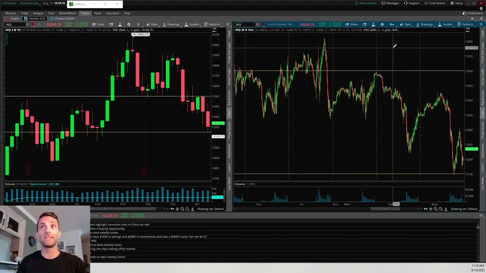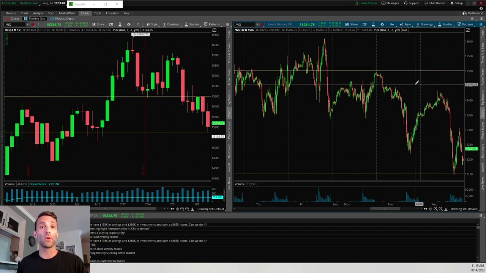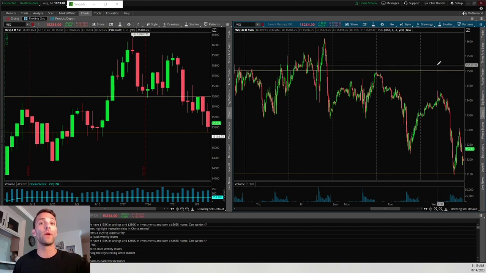And being that this is in a range, we're going to try to play it a couple different ways. If we believe that the report is going to be positive or that the market is going to react in a positive way to the information that's getting released, then we could look at it and think 15,500, maybe there's a chance that it can get above that and break out of the range to the upside and have a bullish move. Now that's one way to look at it. Now we're keeping it simple.